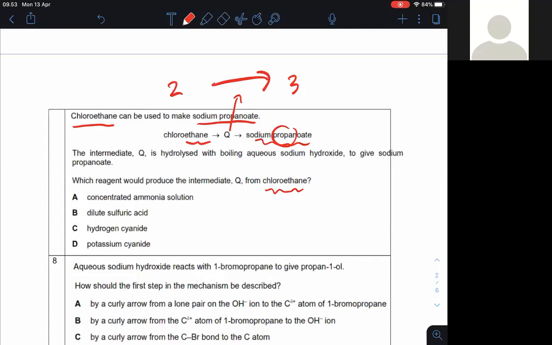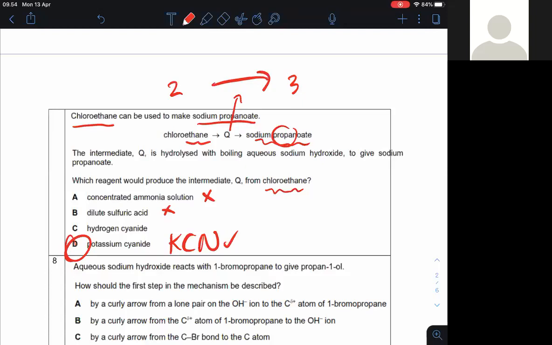What is the reagent you add when you are trying to increase the number of carbon? KCN. Okay, it's close, but it's not HCN. It's supposed to be KCN. Did you mention KCN or HCN? KCN. Yeah, KCN. So the answer is going to be D.